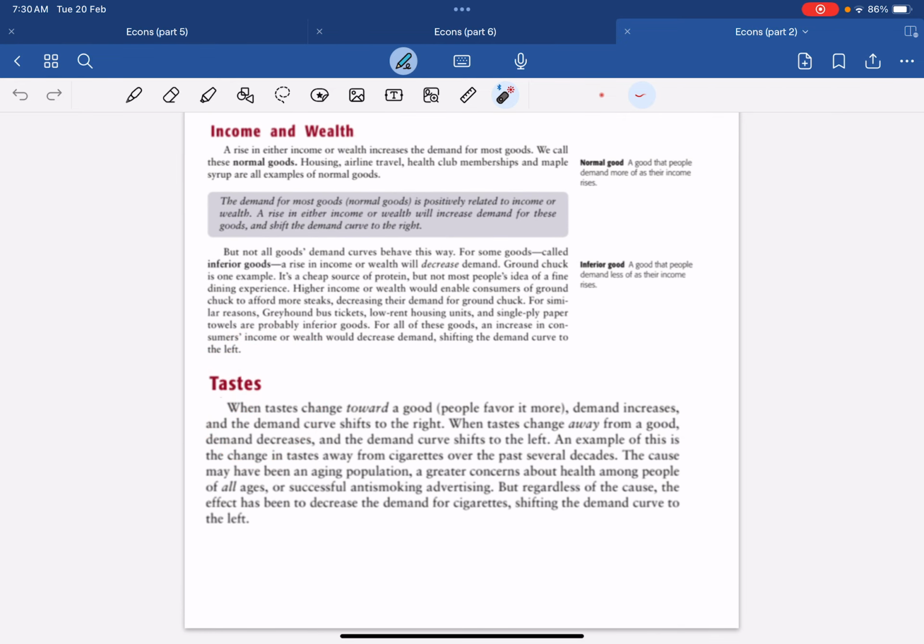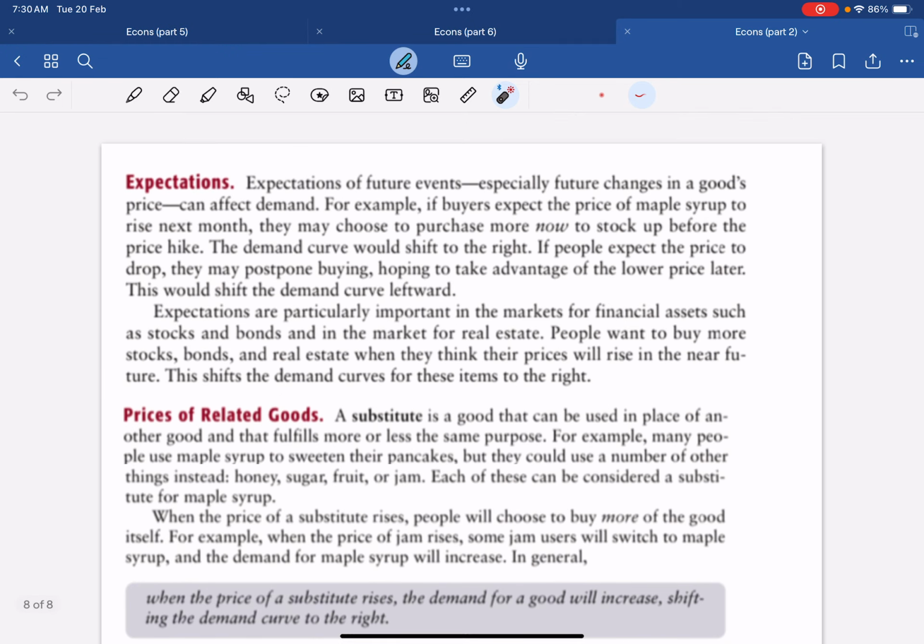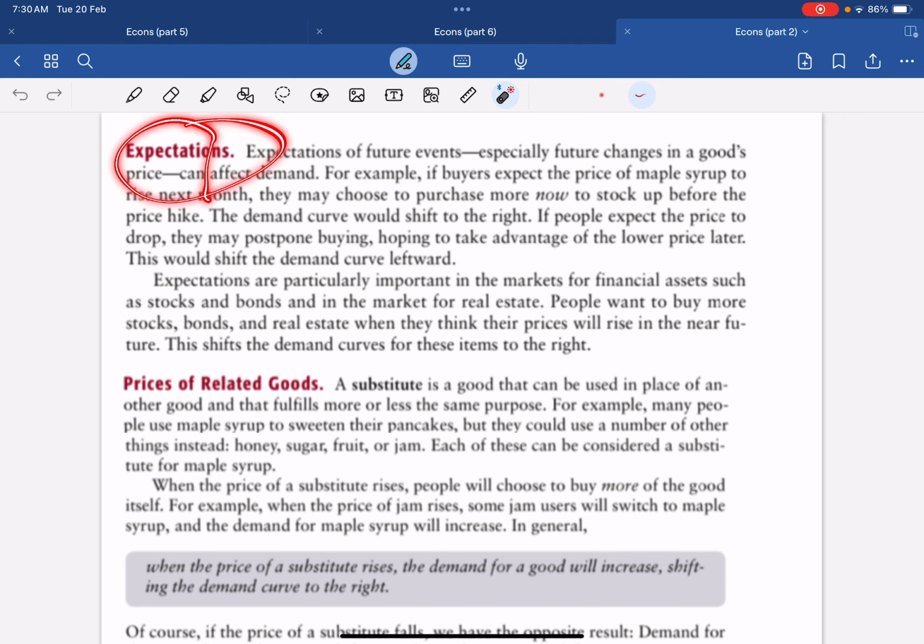Taste can also be a factor in your demand curve, because maybe you like this particular good more, then the demand for it at every price will increase. Expectation, so you expect the future to have a recession, so you kind of want to save money now, then you just demand less now.